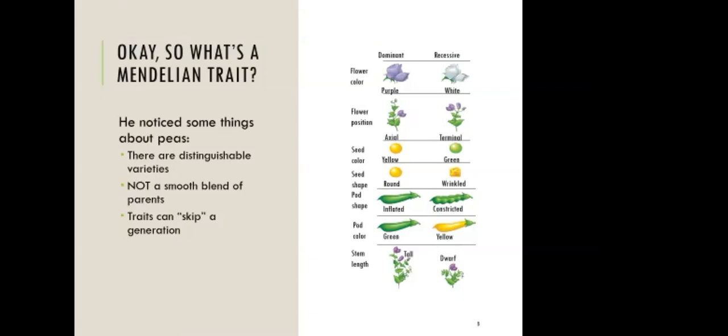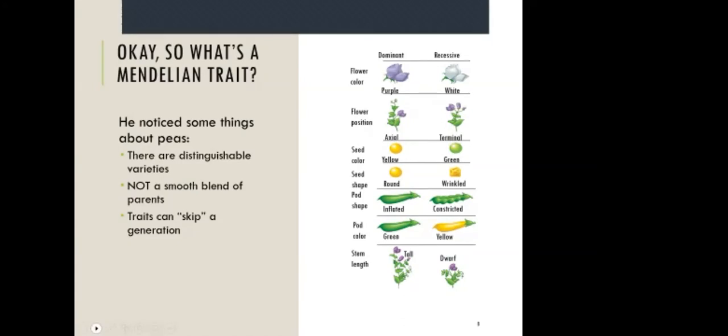So the green peas will be present in the parental generation, not in the offspring, but you will see them again in the offspring of the offspring. So in the grandbabies.